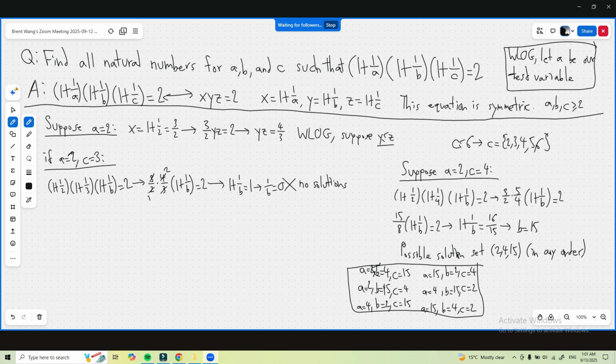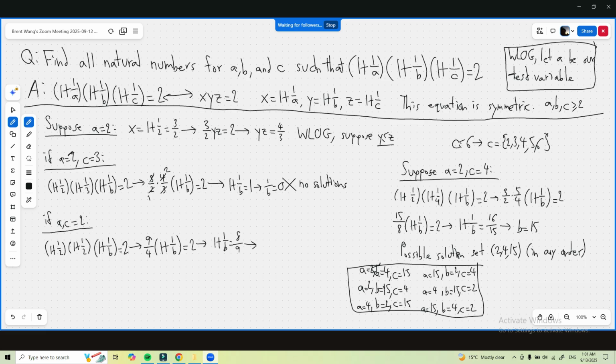And the last one is if A and C were both equal to 2. So (1 plus 1 over 2)(1 plus 1 over 2)(1 plus 1 over B) equals 2. 3 over 2 times 3 over 2 is 9 over 4, so 1 plus 1 over B would equal 8 over 9.